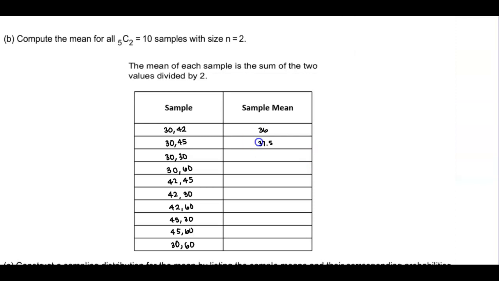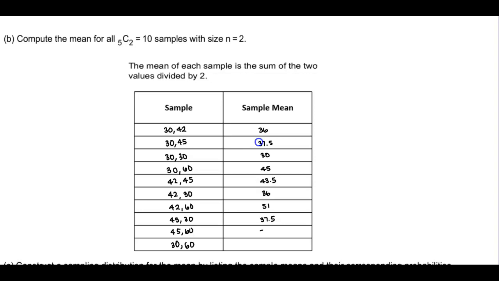I'm going to go ahead and fill in the rest. 30 plus 30 is 60, divided by 2 is 30. 30 plus 60 is 90, divided by 2 is 45. 42 plus 45 divided by 2 gives us 43.5. And then we get 36 here. 42 plus 60 divided by 2 gives us 51. 45 plus 30 divided by 2 gives us 37.5.